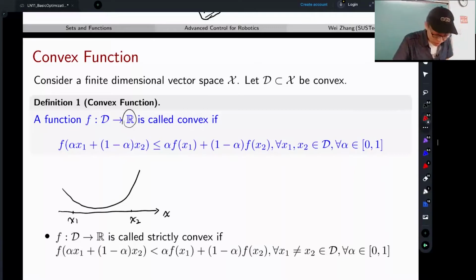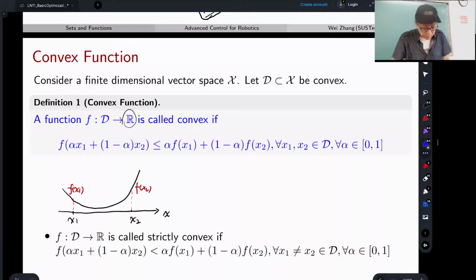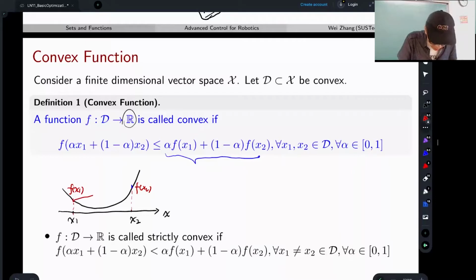But mathematically, how to describe it is that the function value at the combination of x1 and x2 with alpha, compared with a convex combination of the function values f(x1) and f(x2). Suppose this is the line, so there will be a line segment like this.